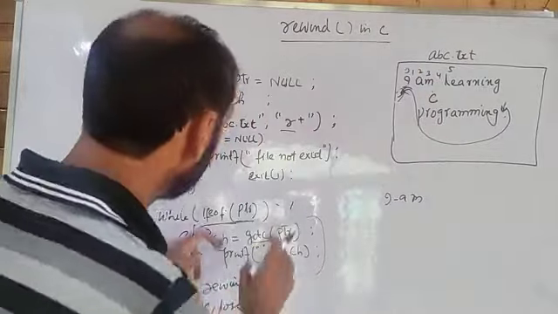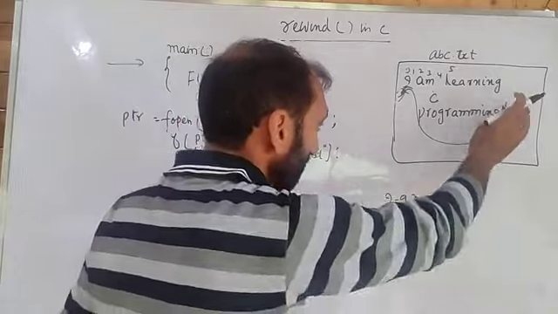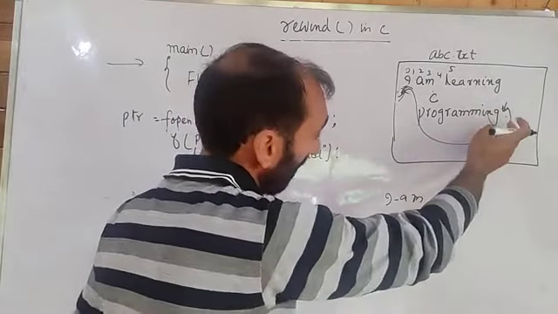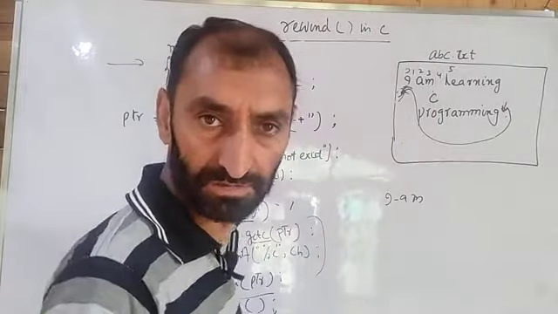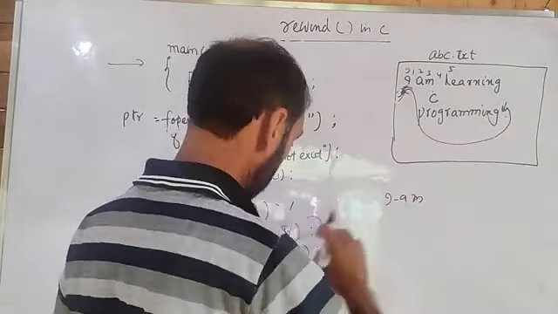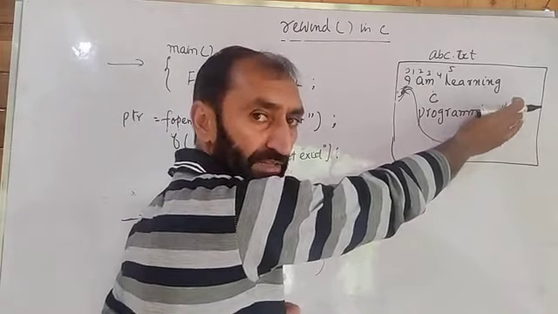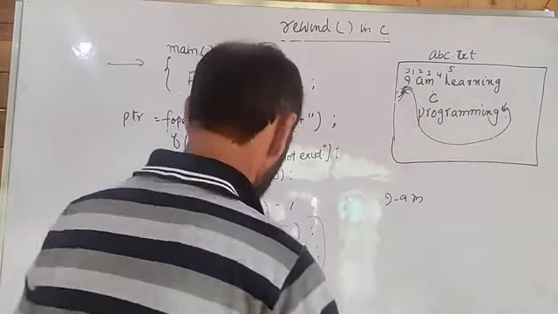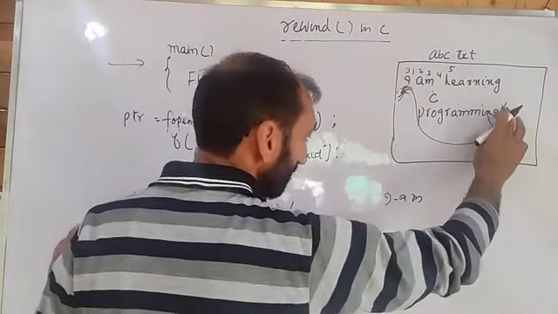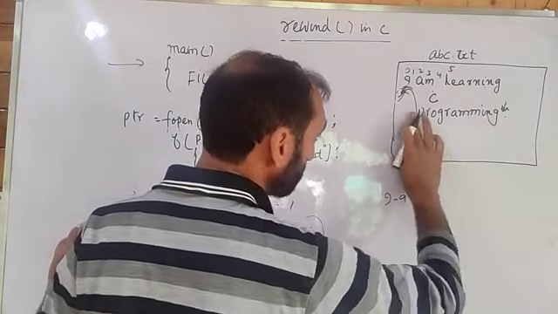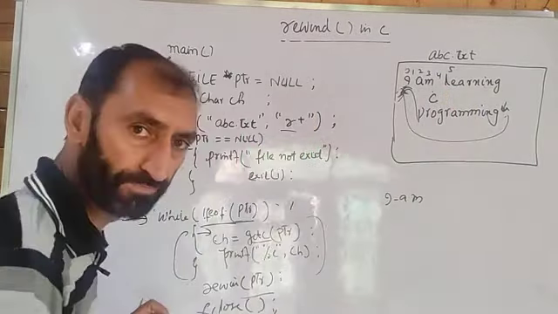We know that the rewind function is used to move the cursor from any location to the beginning. At present the cursor was at the end, and I have used the rewind function. This function will move the cursor from the end to the beginning.